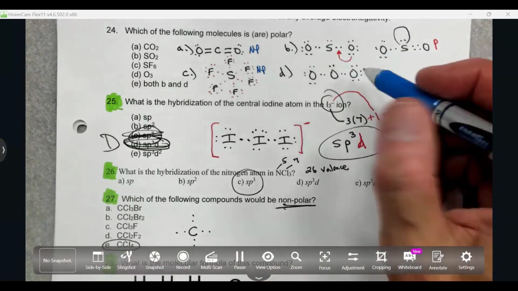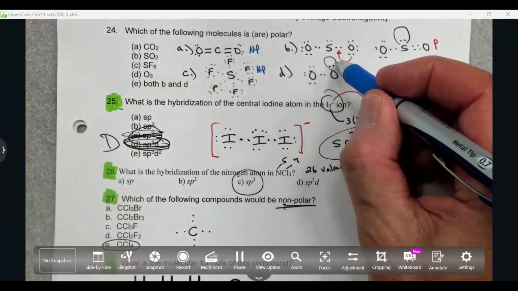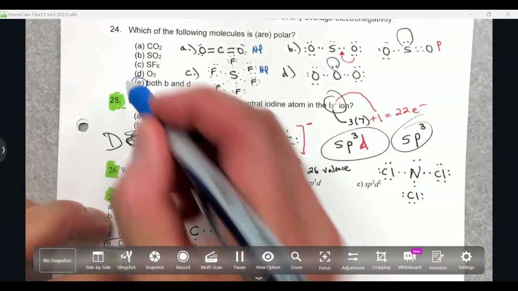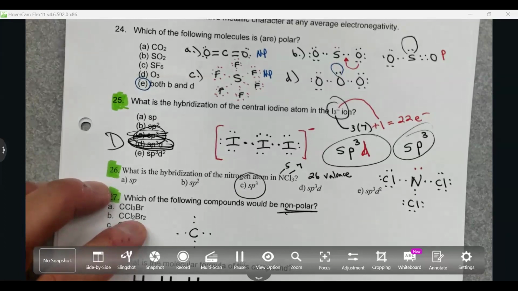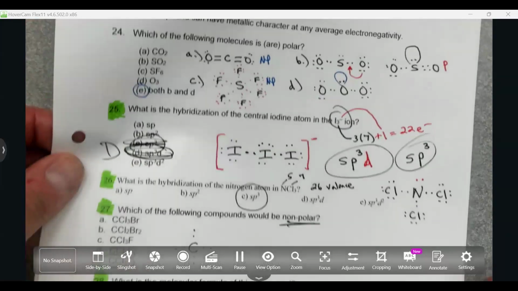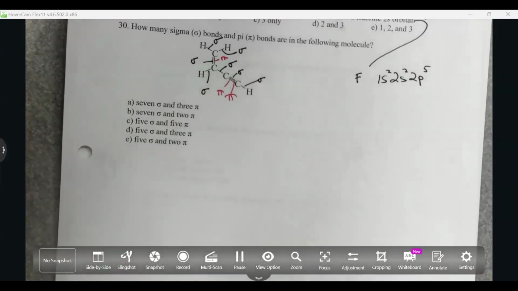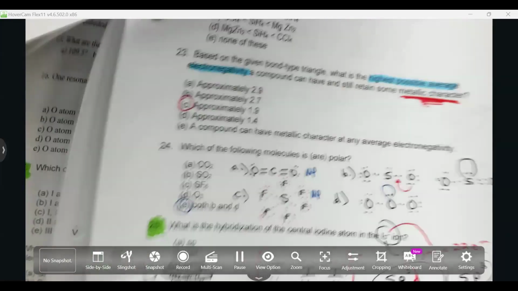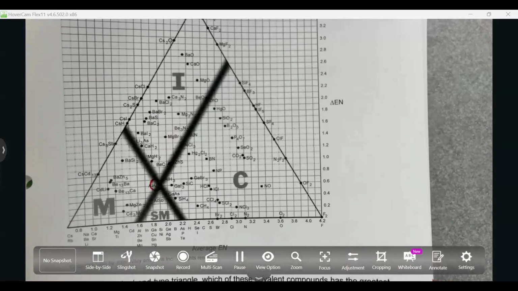And it's going to look like B. We're still going to have to do resonance, but we're going to have a non-bonded pair. So it looks like both of those would be polar. Okay. Boy, that really narrows down this quiz. Based on the bond triangle, I think you could do that.